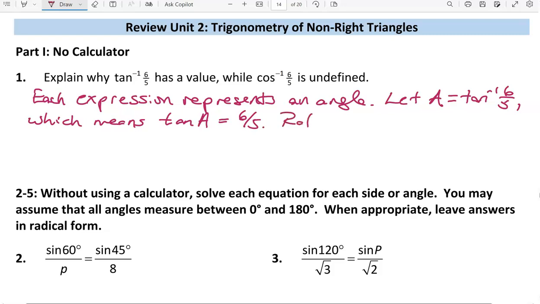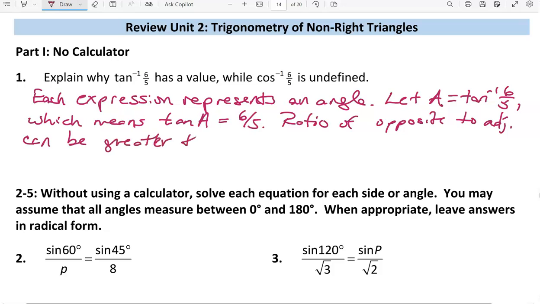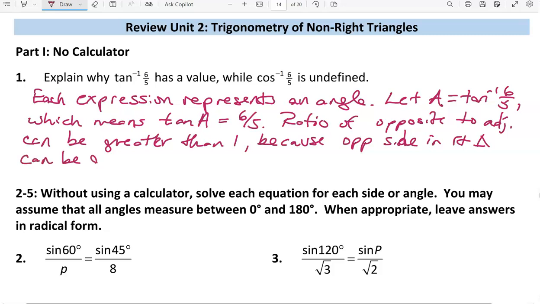The ratio of opposite to adjacent can be greater than 1 because the opposite side in a right triangle can be greater than the adjacent side.